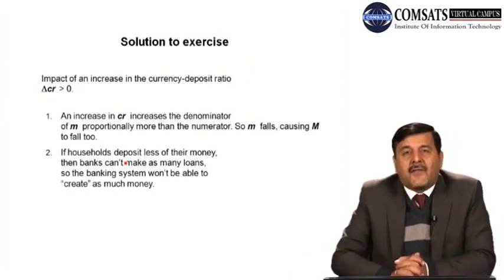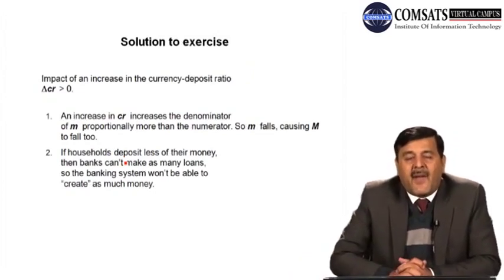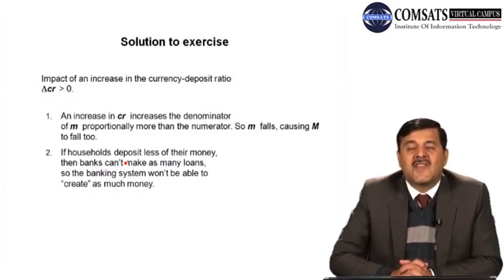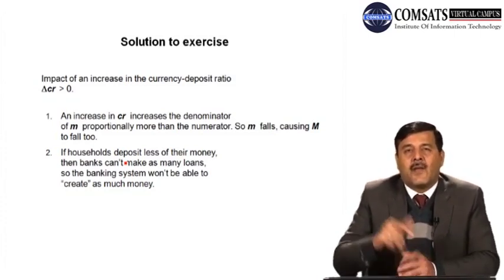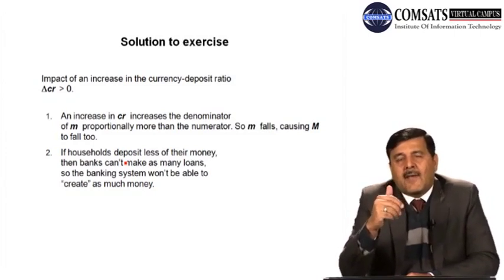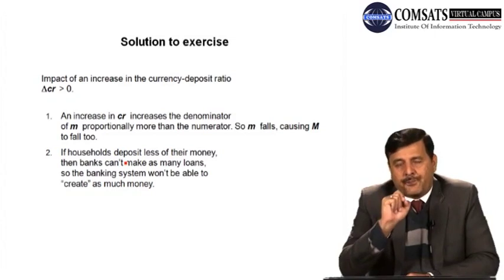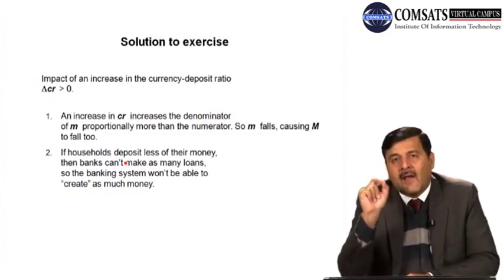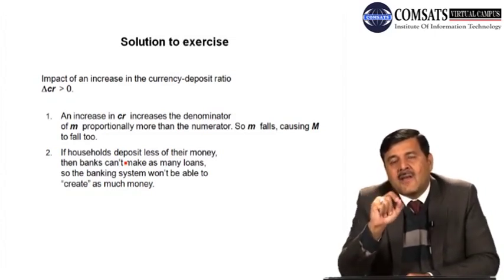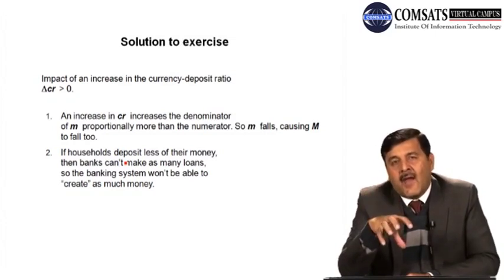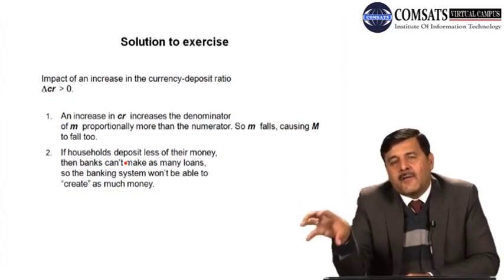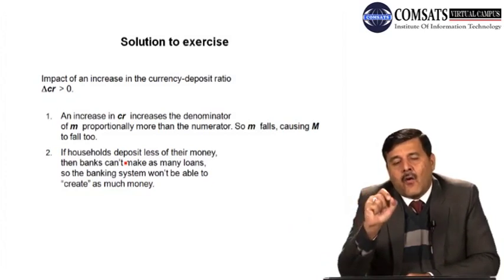Now the solution of this question is the impact of an increase in the currency deposit ratio. What will happen? Delta CR, CR is the currency deposit ratio. अभी हमने पिछली स्लाइड में बात की, CR क्या है? CR is the currency deposit ratio. क्वेश्चन क्या था कि अगर हाउसहोल्ड करेंसी होल्ड ज़्यादा करता है और कम डिपॉजिट्स करता है बैंक के साथ, तो क्या होगा?